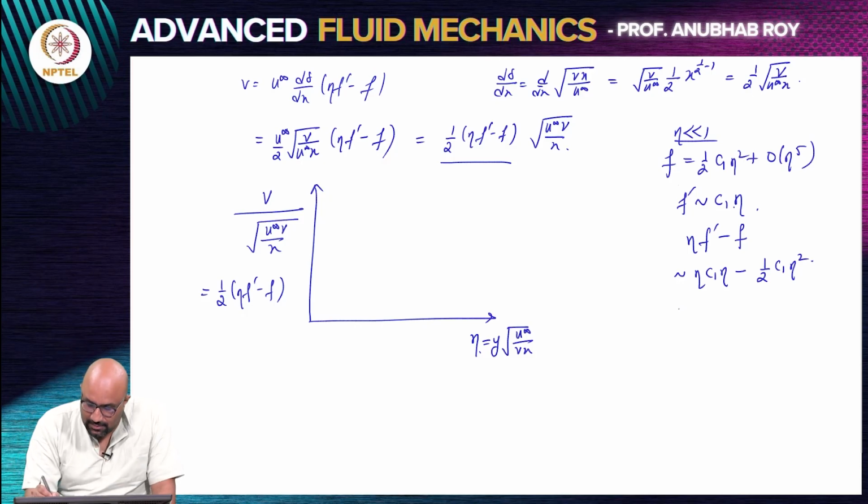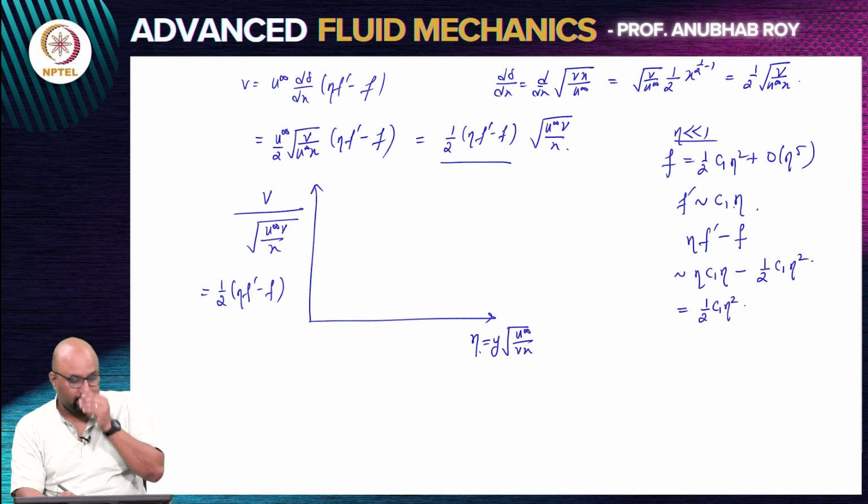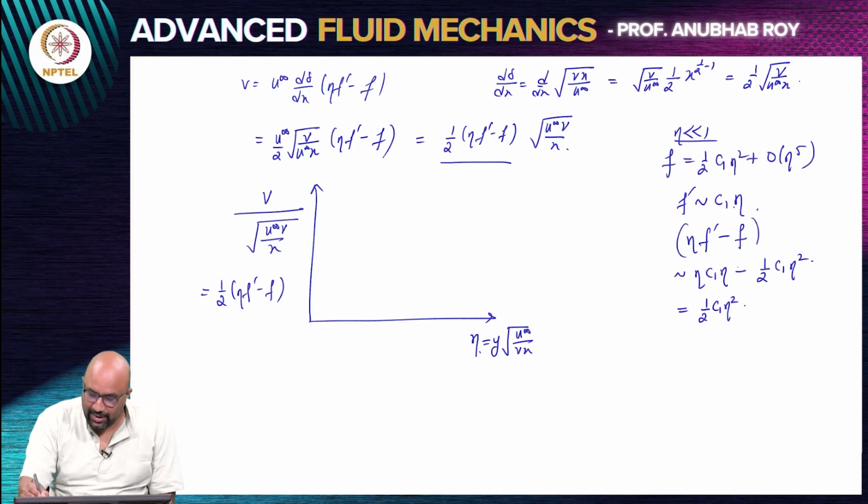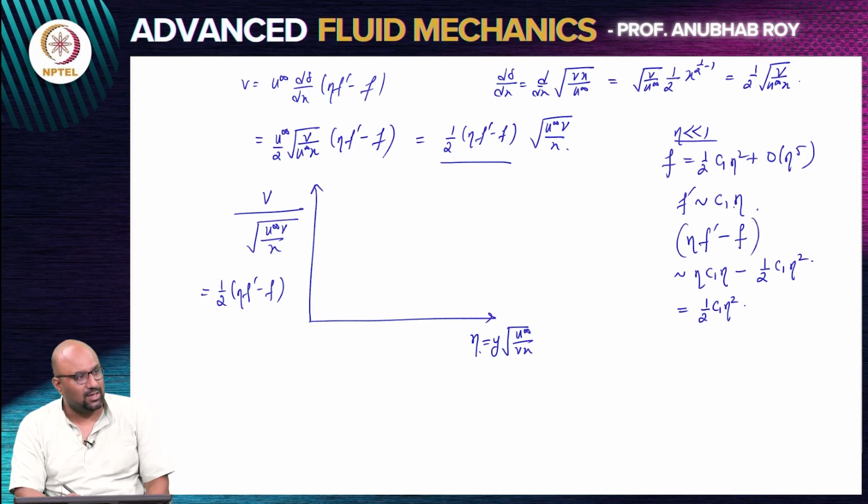Now, what is this? This will be half c1 eta square. For small values of eta, eta f prime minus f goes as half c1 eta square.